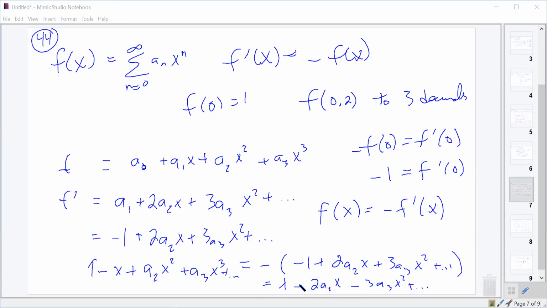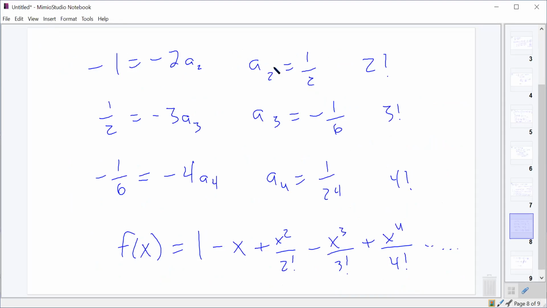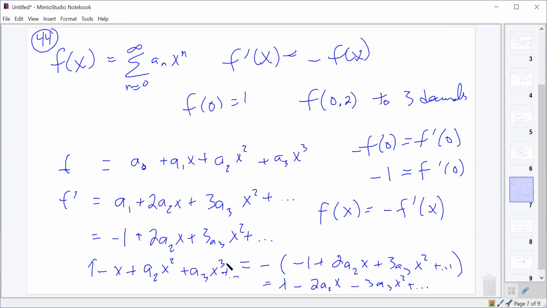And then we matched up the coefficients on x's and x squareds and x cubes like we do when we're doing partial fraction decomposition. So the number of x's here was negative 1x, and the number of x's here was negative 2a sub 2. So we did negative 1 equals negative 2a sub 2, which gave us the value for a sub 2 of a half. Once we had that, we plugged it back in here.